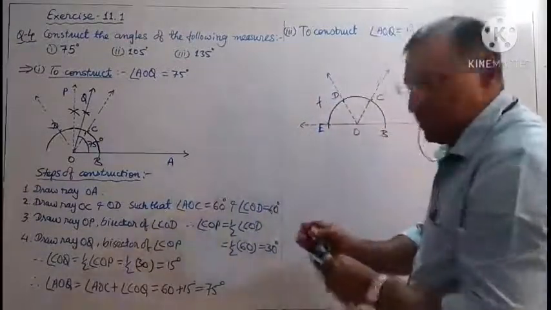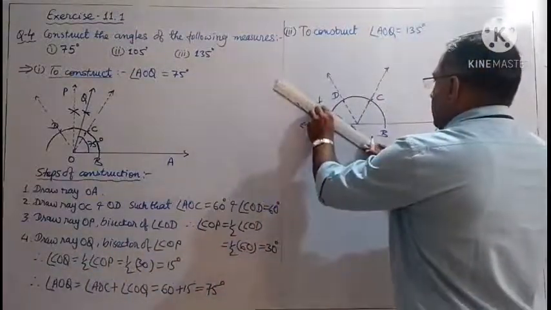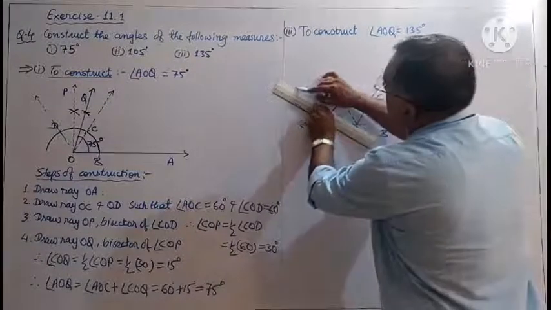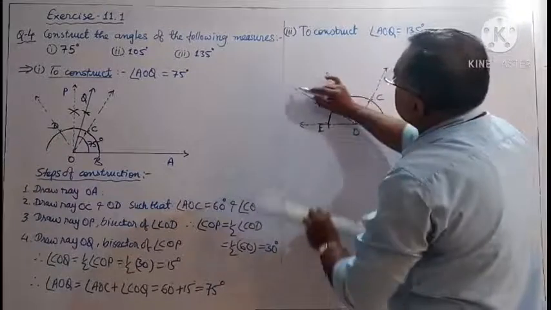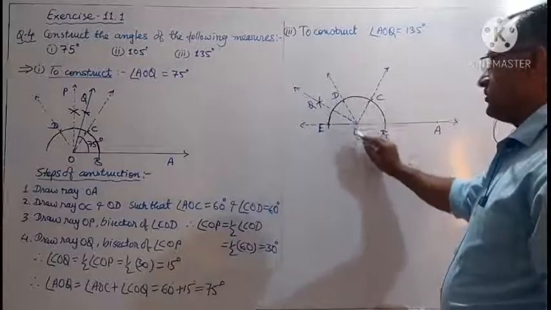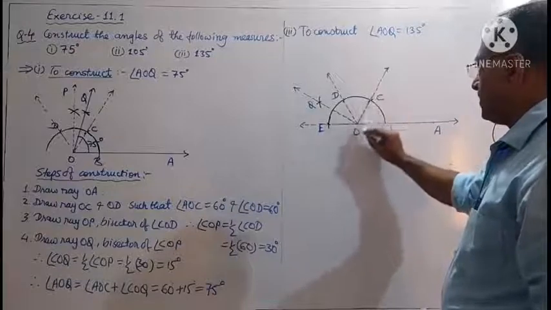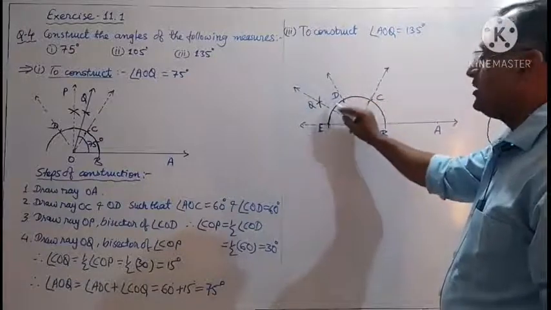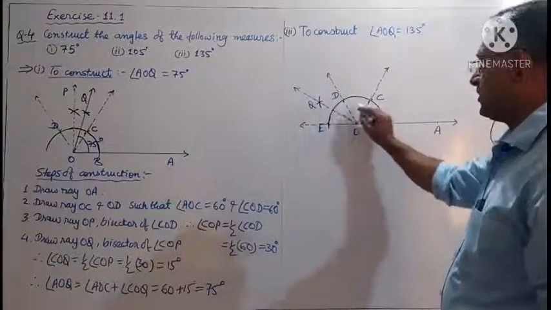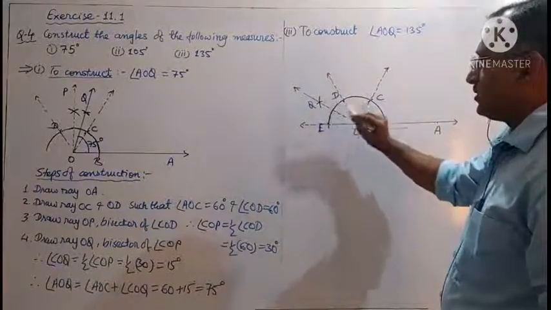Now here we will get ray OQ, the bisector of angle EOD. So here you will get this 30 degrees. Here BOC is 60, COD is 60 and DOE is 60. So BOD is 120 and this is 30, so BOQ is 150 degrees.